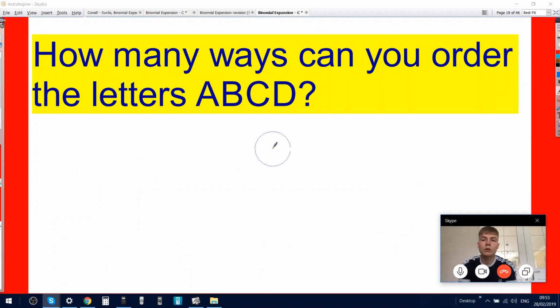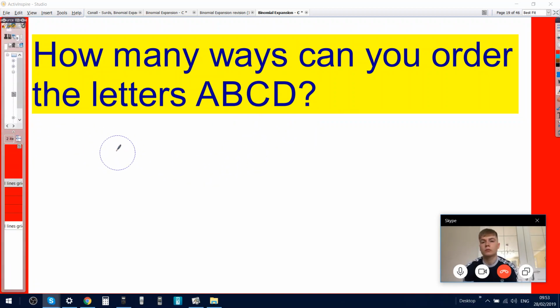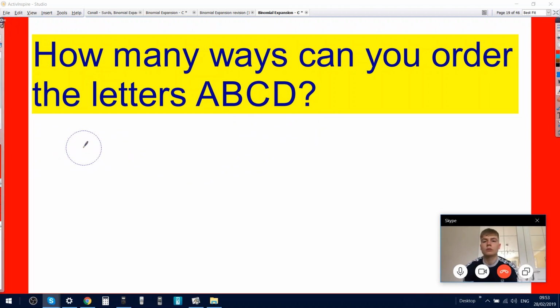Okay, this thing. How many different ways can you order these letters? 16, I believe.